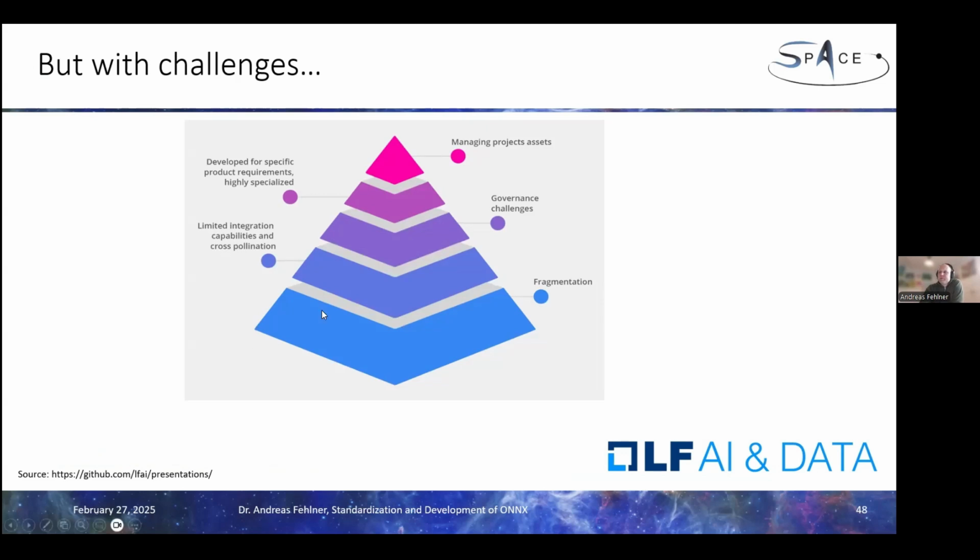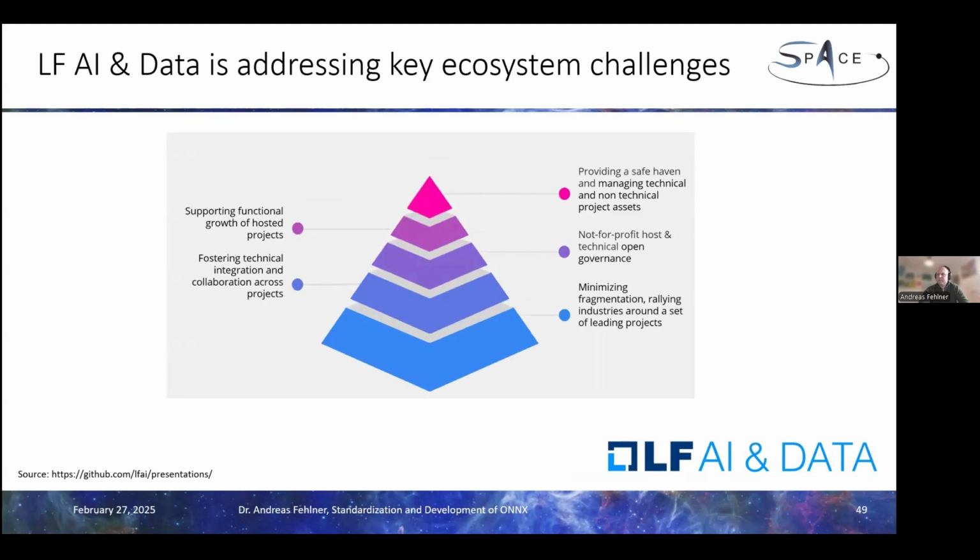For example, how to manage project assets, some governance challenges, and the products are developed in a highly specialized way. We don't know how to handle license requirements or where to push our wheels. The license, copyrights, and a lot of stuff like that is handled by the Linux Foundation.